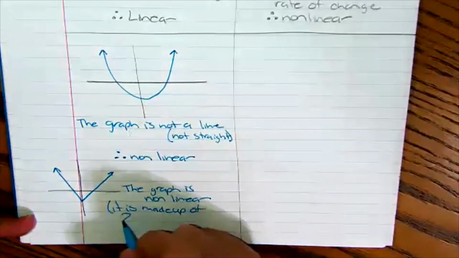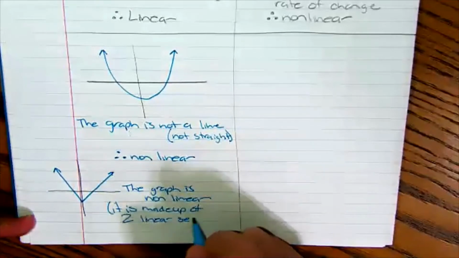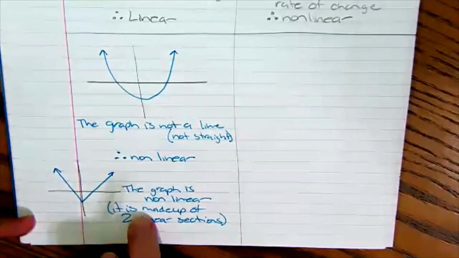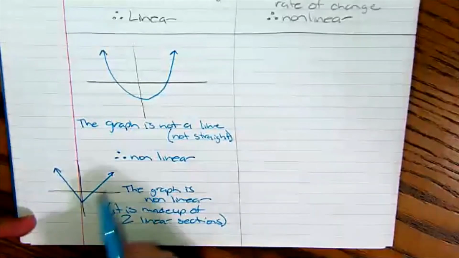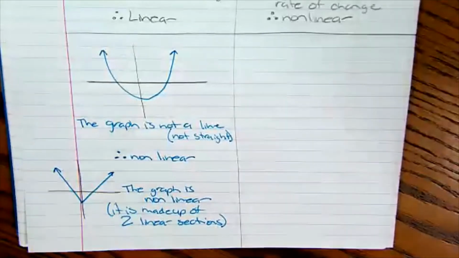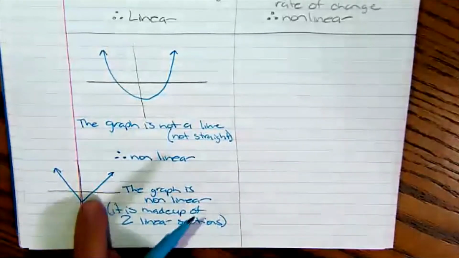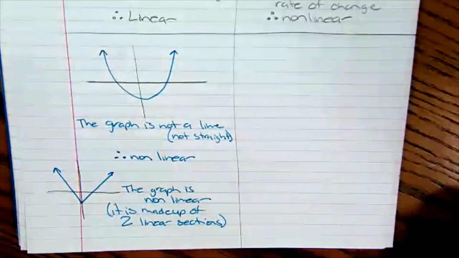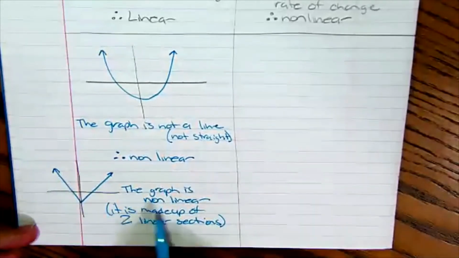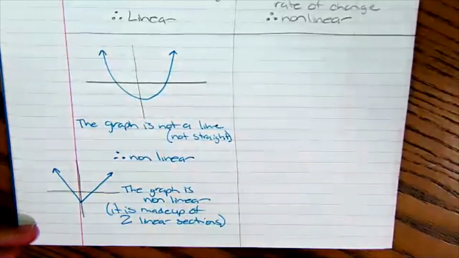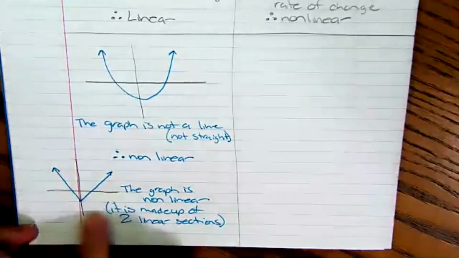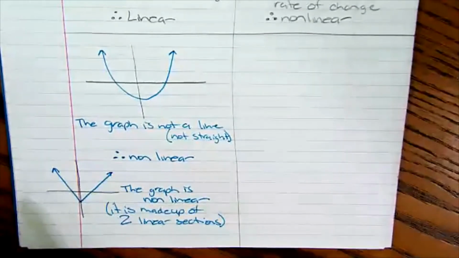It is made up of two linear sections, but the graph itself is non-linear because it is not a straight line. So they may throw something at you that looks like that and ask, is this graph linear? The whole graph is non-linear. It's made up of two linear sections, but the whole graph is non-linear.